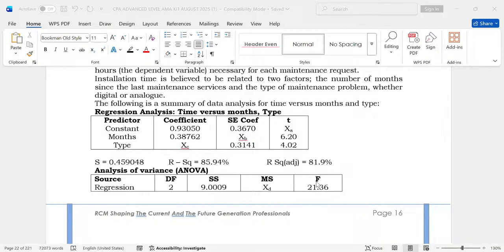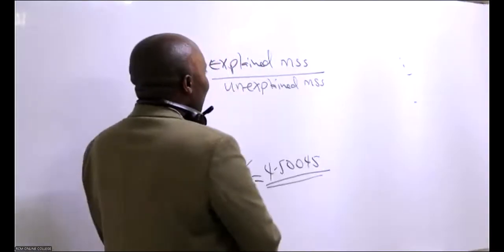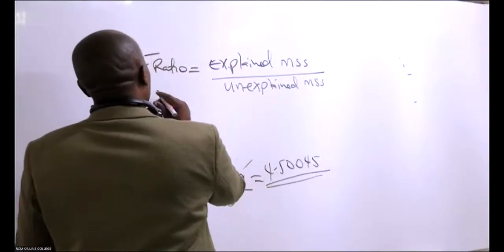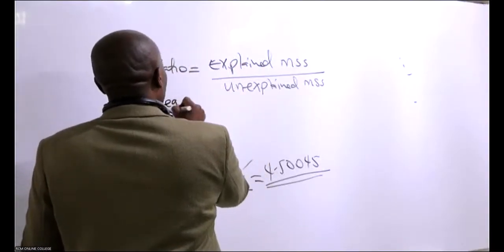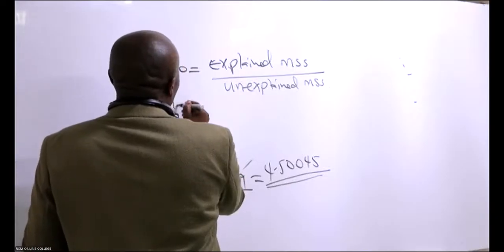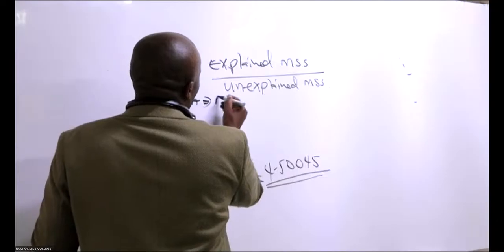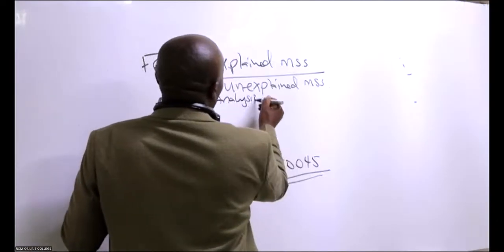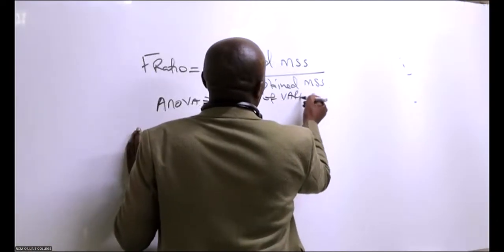But first of all, I want us to remind ourselves, for the sake of the very new students, so that they don't get confused, about ANOVA. ANOVA stands for analysis of variances.